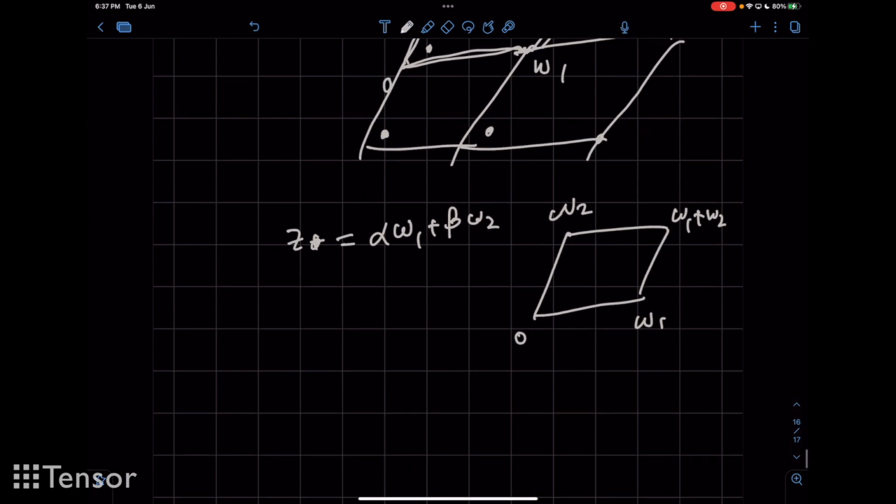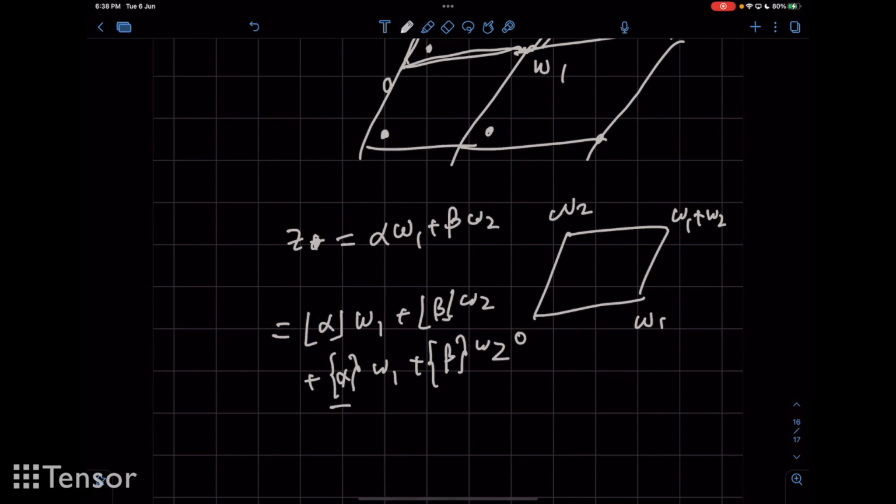Because if I have z equal to this, then I can write this as the floor of alpha times omega 1 plus the floor of beta times omega 2 plus the fractional part. You write it like this, right?